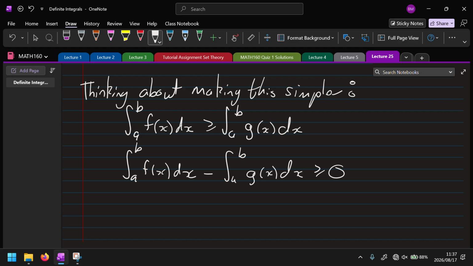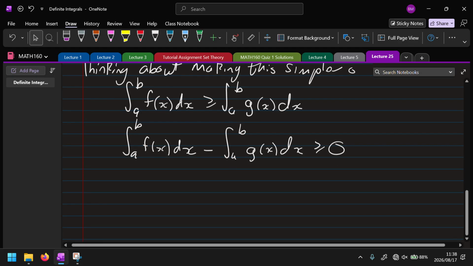Now, we've seen something like this before. So we have two integrals with the same bounds, different integrands. What can we do with this difference? Well, we can use property 1. We can group it together under one integral.